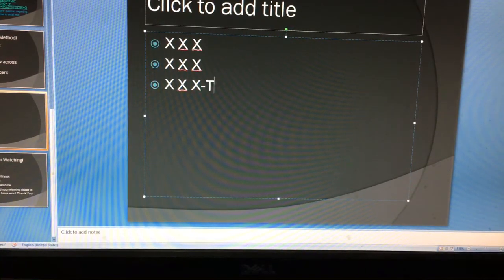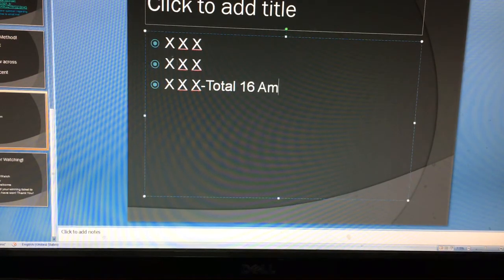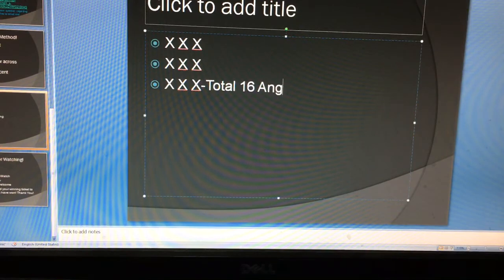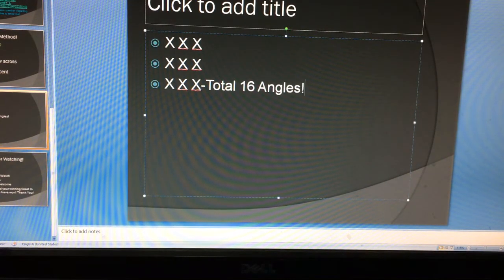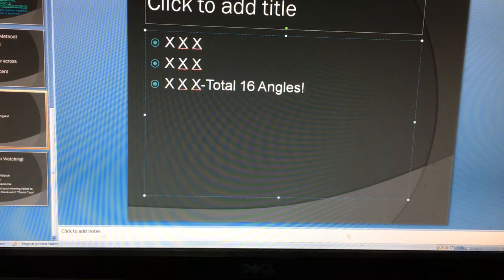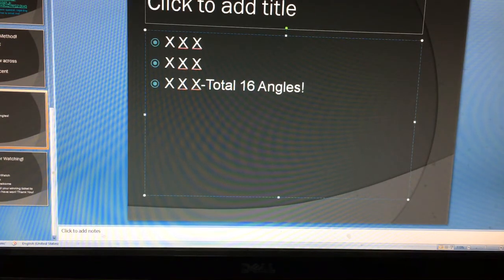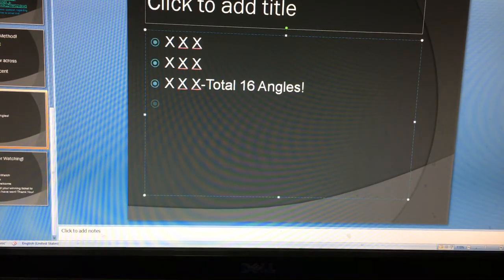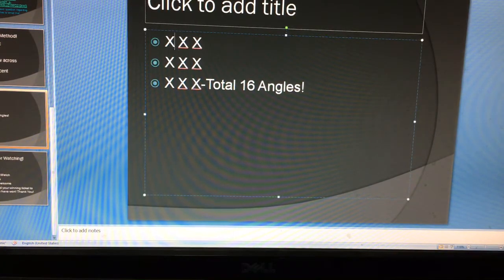You know how to do it, right? So you play the total of 16 angles previously shown in my other videos. So you use this regular 16 angles shown in my other videos. And your next thing is your other angles, okay? And that's how to use the other angles.